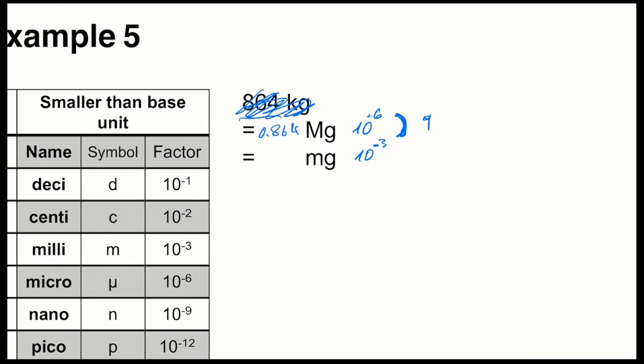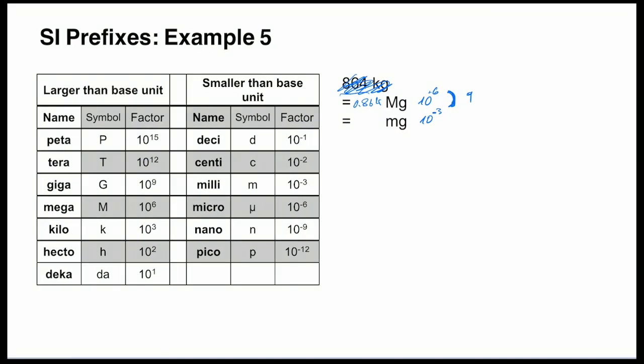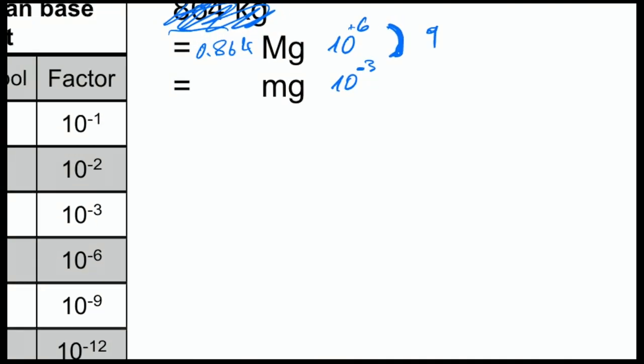And if you ever forget, you say the difference between here and here is 3, and between here and the baseline is also 3, that's 6. And then from the baseline to milli is also 3, that's 9. That's possibly something you can remember to do on the midterm exam, right?